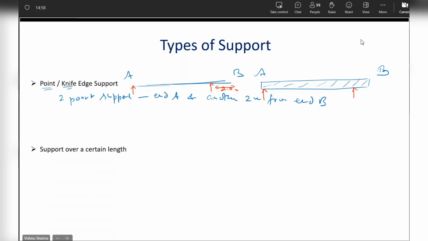For example, support over a certain length. Let's say this is a light beam, a beam with uniform cross section.